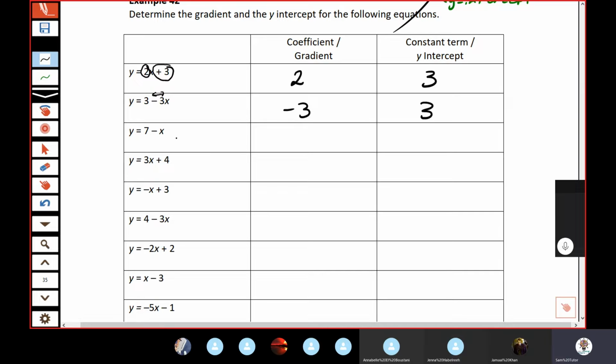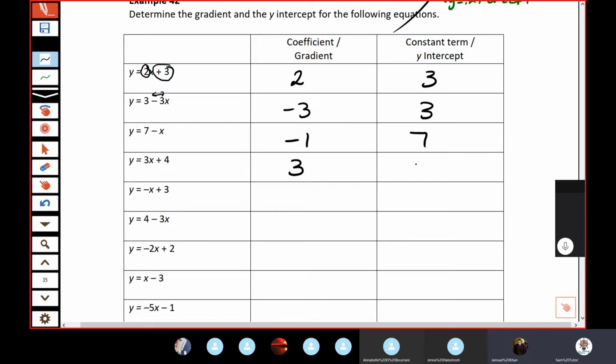Gab, next one. Gradient, the number in front of the x. -1. Gradient is the number in front of the x. Y-intercept? 7. Of course. Easy. Next, Jamal, gradient? Positive 3. Yes, you can say either.